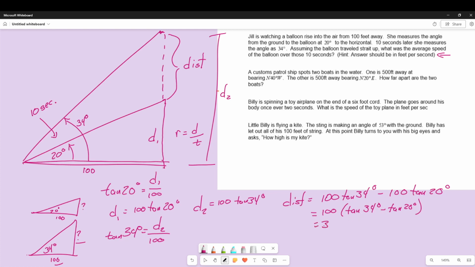So the distance is 31 feet. So if we want the rate, remember rate is distance divided by time, so it's 31 feet in 10 seconds, or 3.1 feet per second.